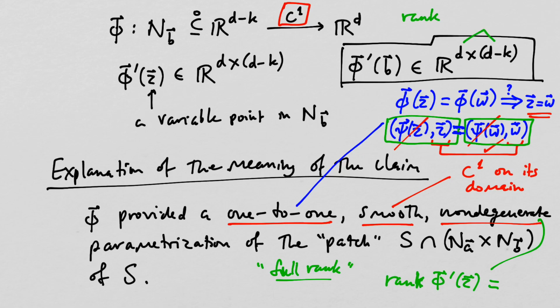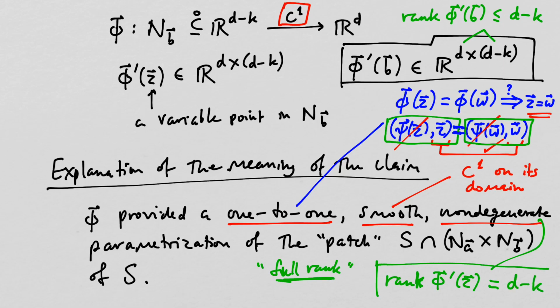And so the rank of this matrix, phi prime of b, is at most the minimum of d and d minus k. And of course that's just d minus k. Since k is non-negative, d minus k is less than or equal to d. So that would be the maximal possible. So being full rank just means that the rank is exactly equal to d minus k.